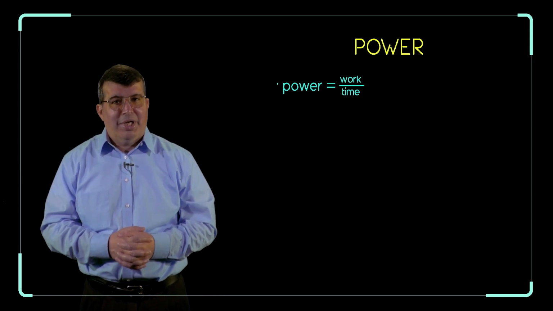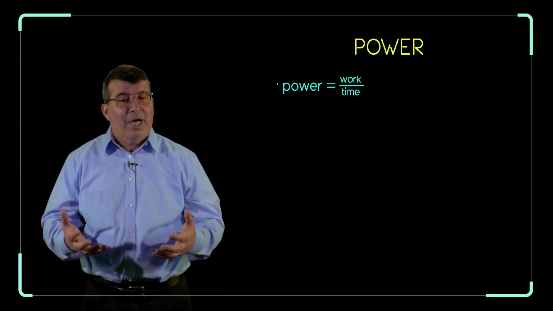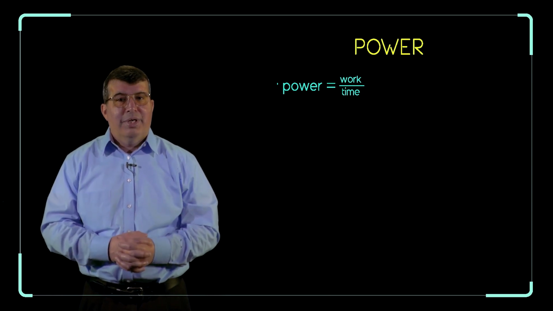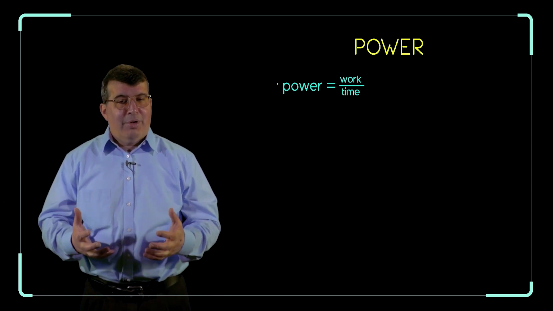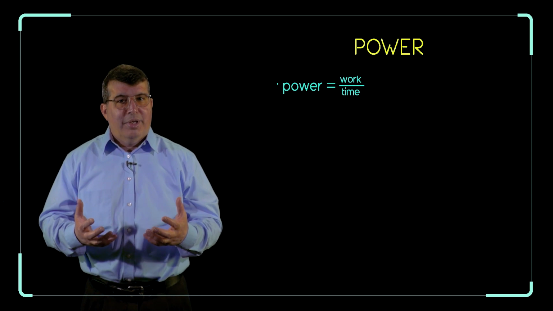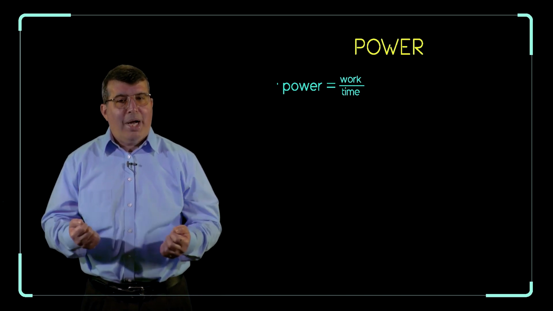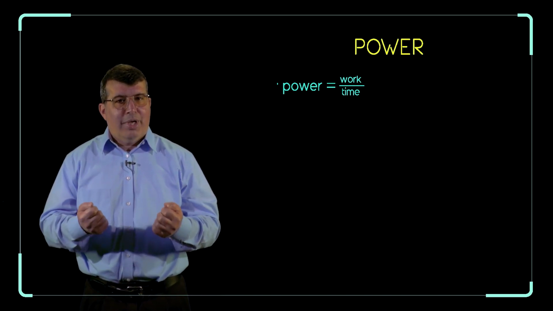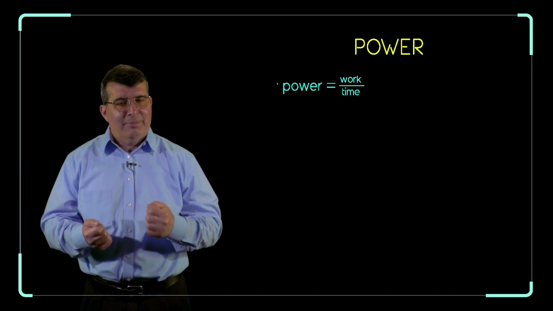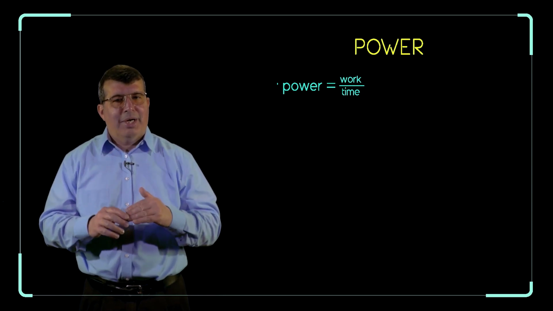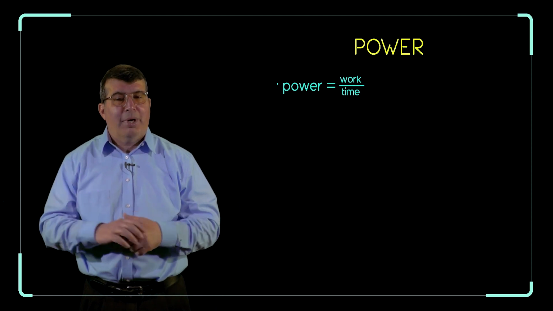You'll have to get out your jack, and it'll take you more time to do that amount of work. So, same amount of work to lift the car up. The motor has more power, so it can do that work in less time. So same work divided by less time means more power.